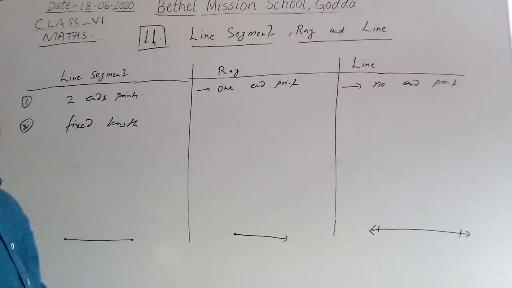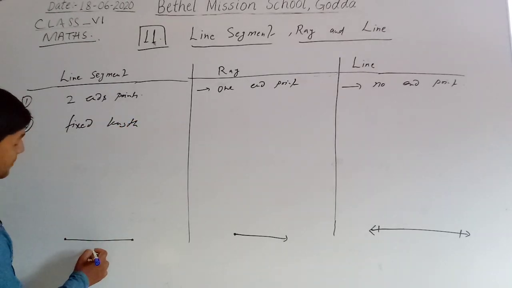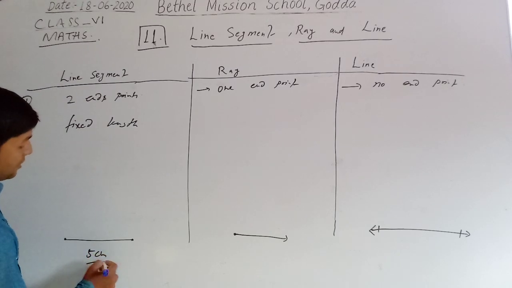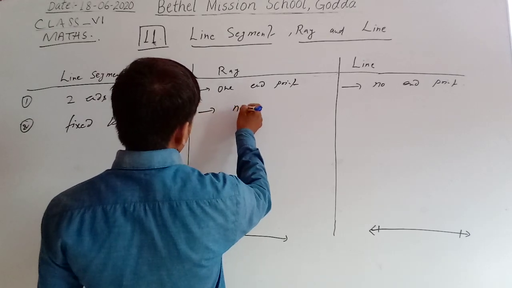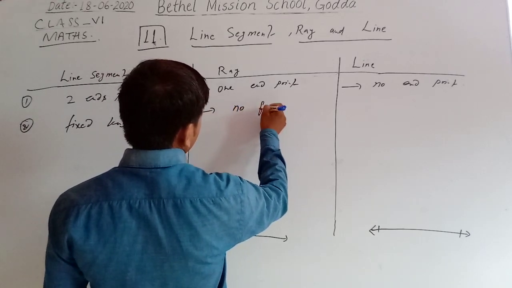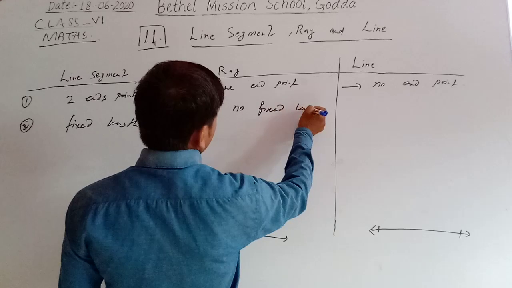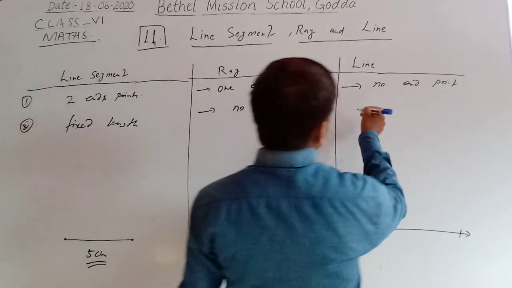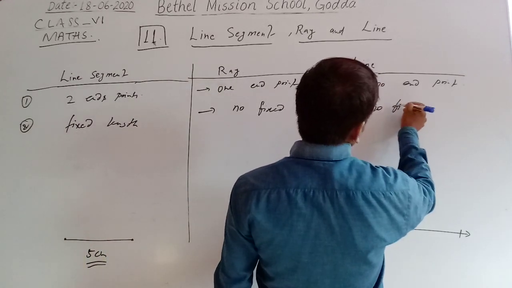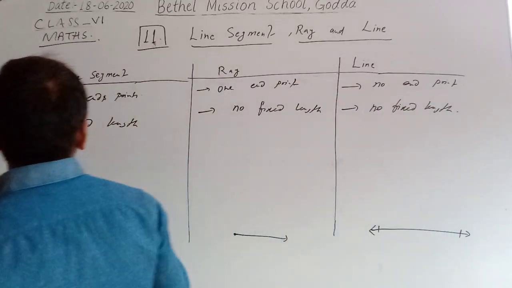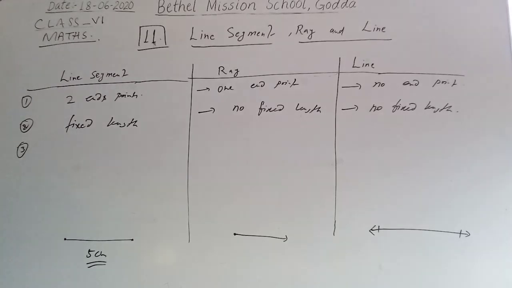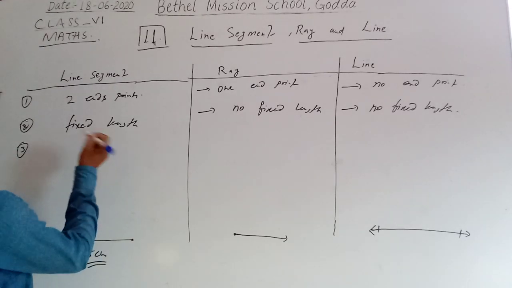Line segments has fixed length, 2 or 3 centimeter or 5 centimeter you can draw. Okay, and ray has no fixed length. Also, line has no fixed length. Third difference is line segments can be drawn on the paper.